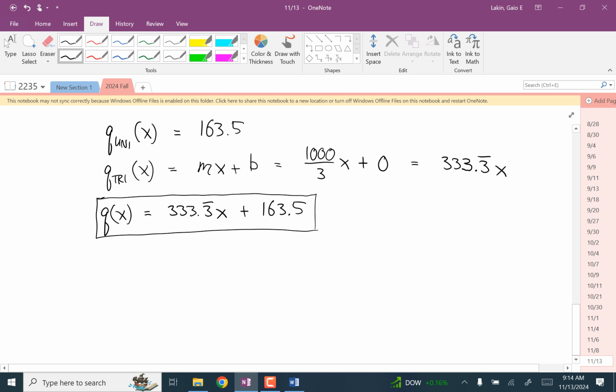And so now we're going to use the integral relationship. The shear force as a function of x is the negative of the integral of this q that we just got, 333.3 repeating x plus 163.5 dx.